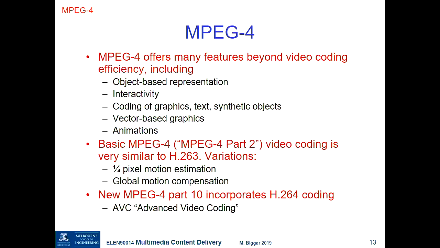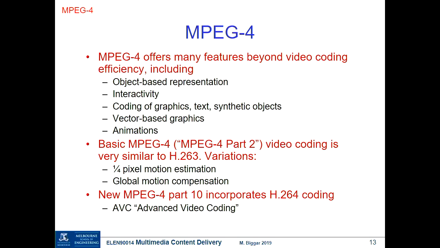It allowed for interactivity, so the idea was that with increased interactive applications over the internet, you can click on objects and get the opportunity to buy something or whatever. It also allowed for coding of lots of different media, so graphics and text and synthetic objects, not just natural images.